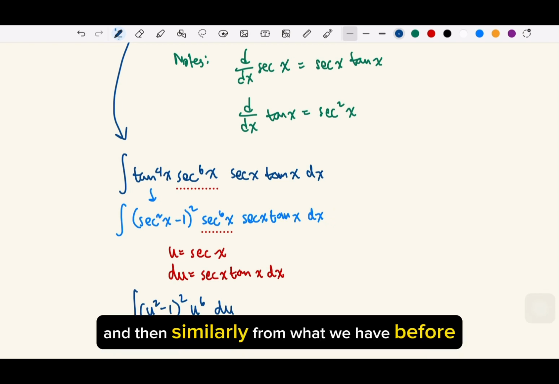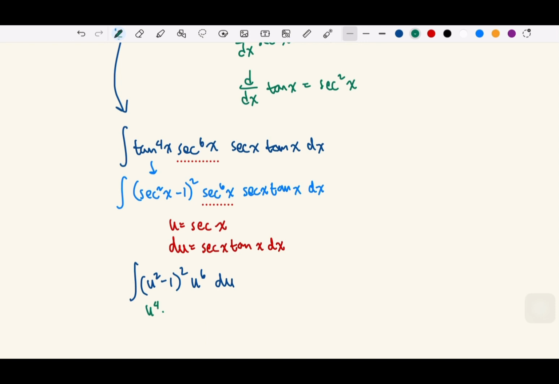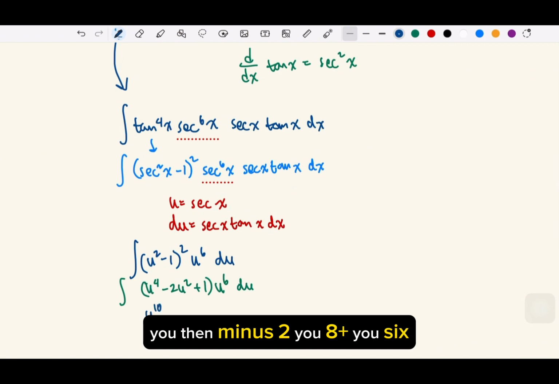And then similarly, from what we have before, we can expand and then multiply. And then this will be u^10 minus 2u^8 plus u^6.